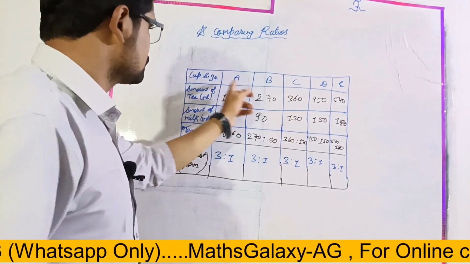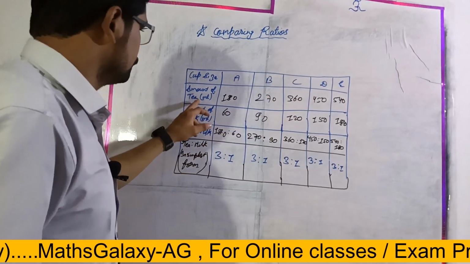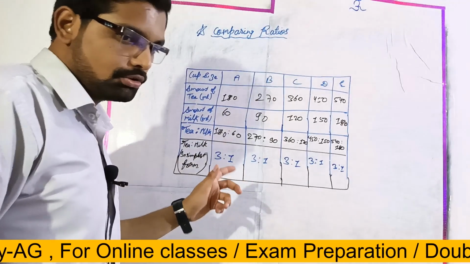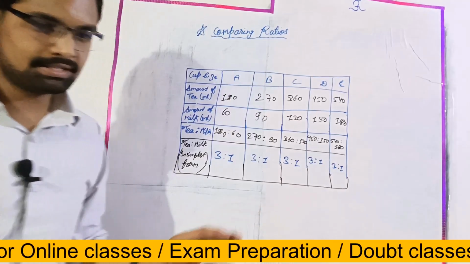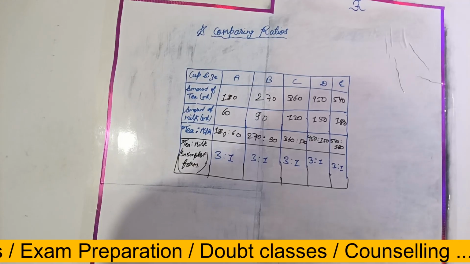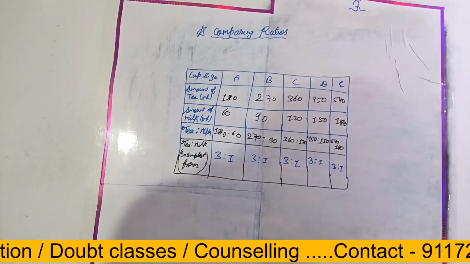For each size of cup, the amount of tea and milk in the ratio is the same. Is it clear? Easily you can see here. Any doubt? No.